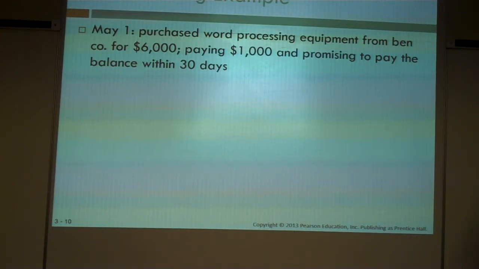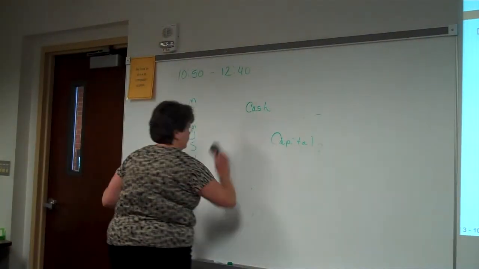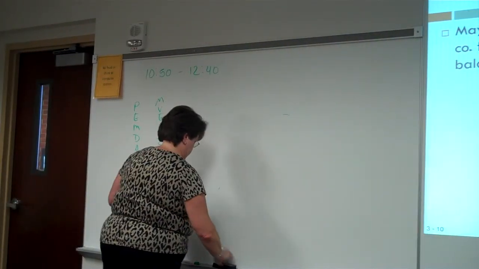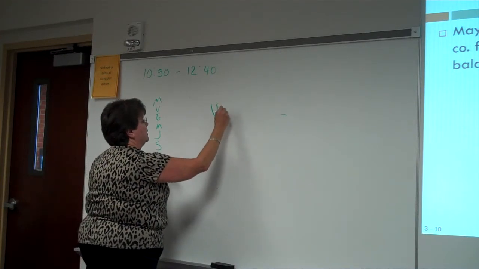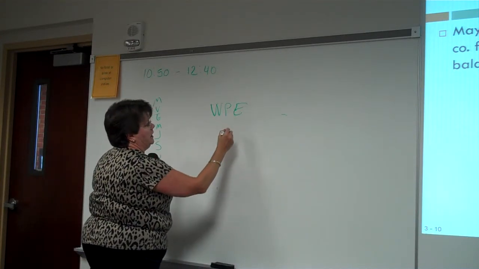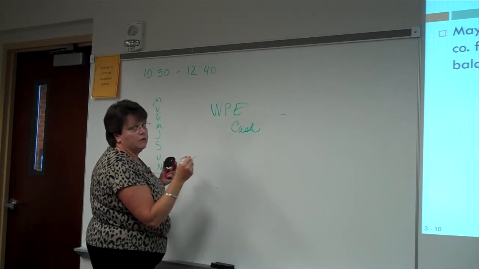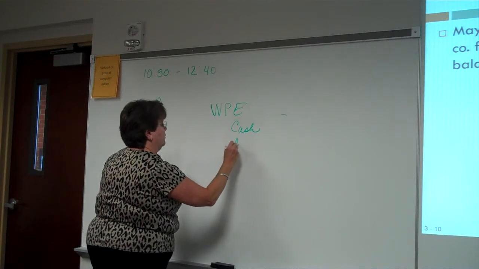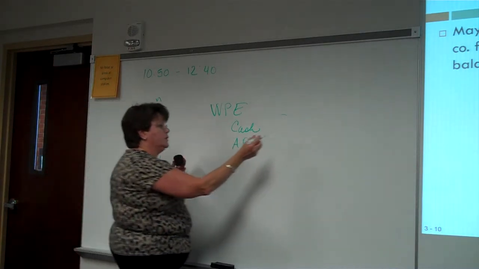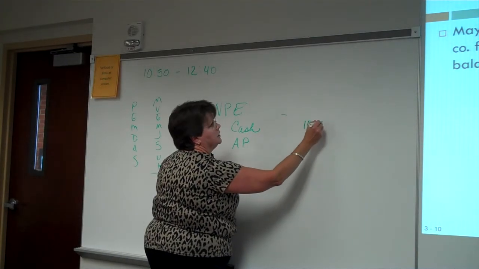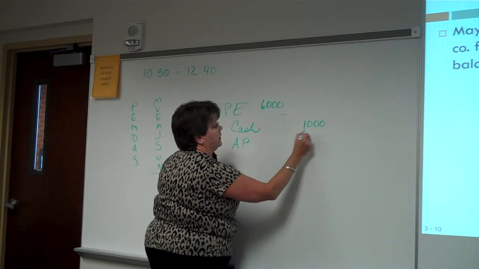Compound entry, our debit's going to be, and I'm going to abbreviate, word processing equipment, and we had cash, and we had accounts payable. What was the cash? Was 1,000, wasn't it? Yes. And this was 6,000, and this was 5,000.